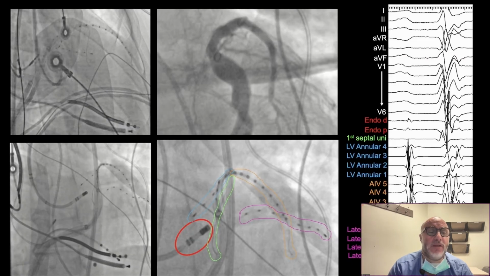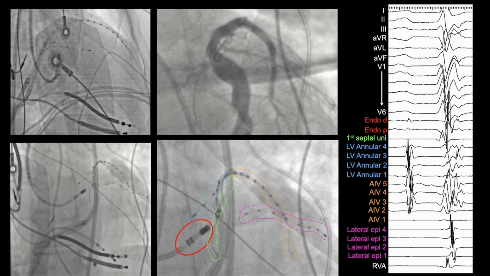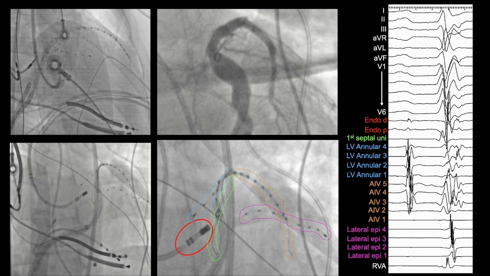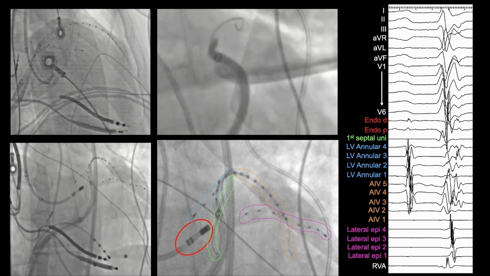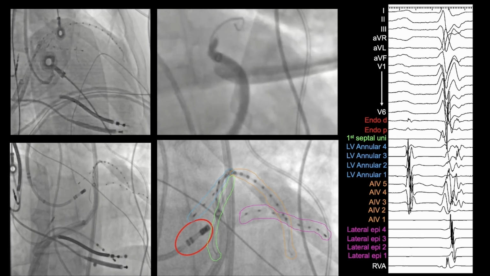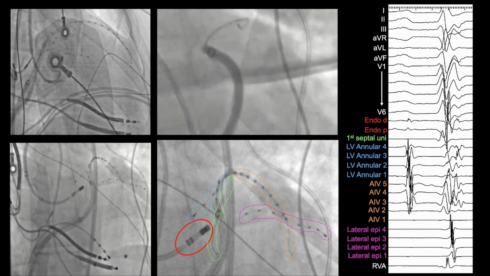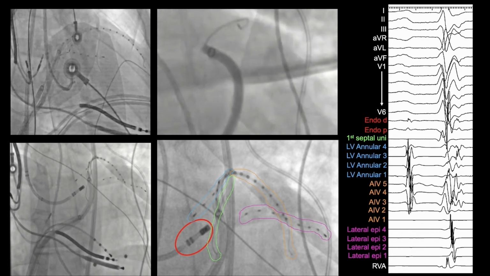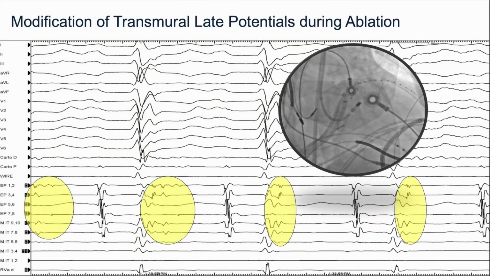This is an example with multiple catheters trying to find the best area, defining the epicardial substrate as normal. But really, if you focus on the so-called LV annular vein, which is this vein right here that goes to the septum, you can see these fractionated signals, classic of intramural substrate. Essentially, our target was to eliminate the VT, but then we tried to eliminate the late potentials.